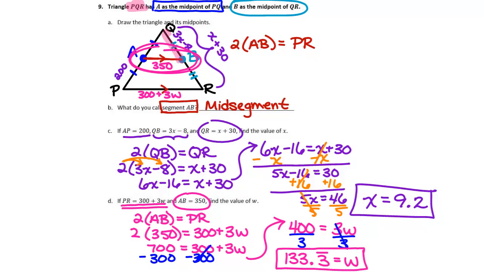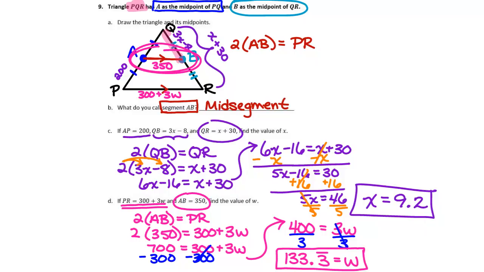The other thing that I saw happen a lot is that people didn't recognize this 200 over here as extra information that you didn't need. And so they added it in different places just to try to make use of it. Sometimes they're going to give you information that you don't need, and that's okay. You can ignore it if you don't need it to solve the problem.